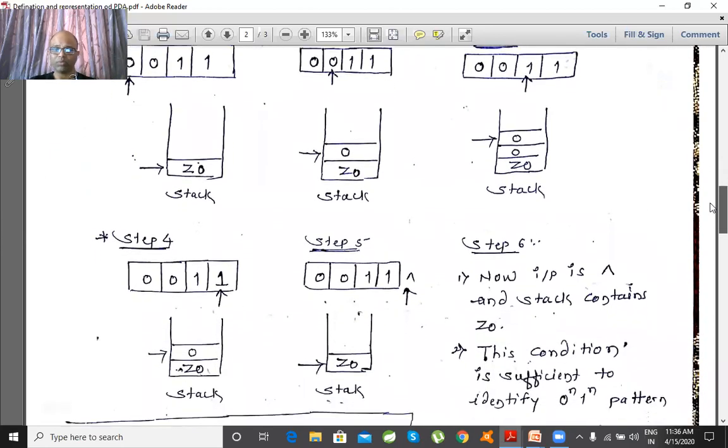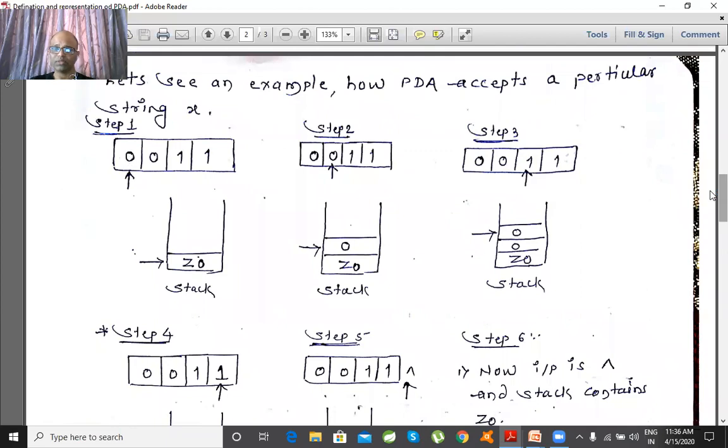So step number 3 is where we stopped, where my pointer is pointing to 1 and the top of stack symbol is 0. Now if 1 is appearing on your input and the corresponding 0 is available on top of stack, this means we can count the total number of zeros pushed onto the stack against the total number of ones available on the input side.